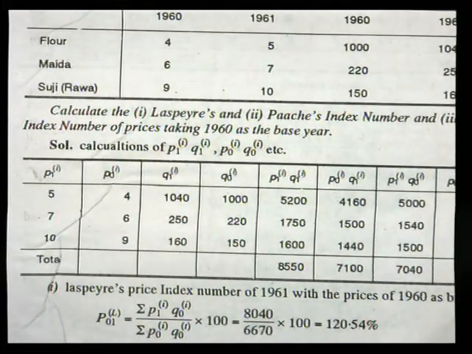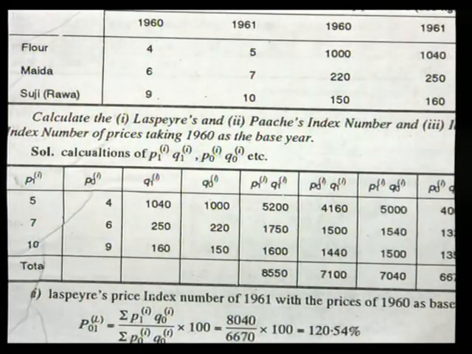Friends, just remember the formulas and try to understand the formulas and try to implement those formulas by using the given data. Here in this problem which we have discussed above, 1960 is a base year, 1961 is a current year. We have the price P0 and price P1, quantity Q0 and quantity Q1.